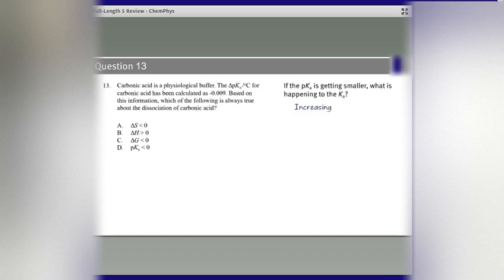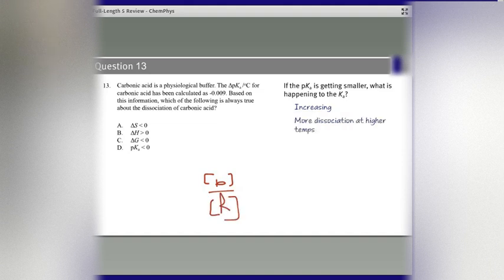Now, if I bring that through, and I'm thinking which of the following is always true about the dissociation of carbonic acid, then don't I need to know that if I shift to the right, then there's more heat needed? You have to increase the overall amount of heat or the temperature in order to go through. So in this case, if you shift right or more heat is needed, what answer choice here corresponds?